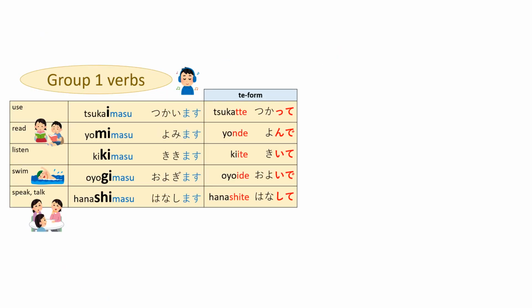If the sound before masu is i or chi or ri, the te form of the verb is made by replacing these sounds with double t and e. So, for example, the te form of the verb to use, tsukaimasu, is tsukatte.